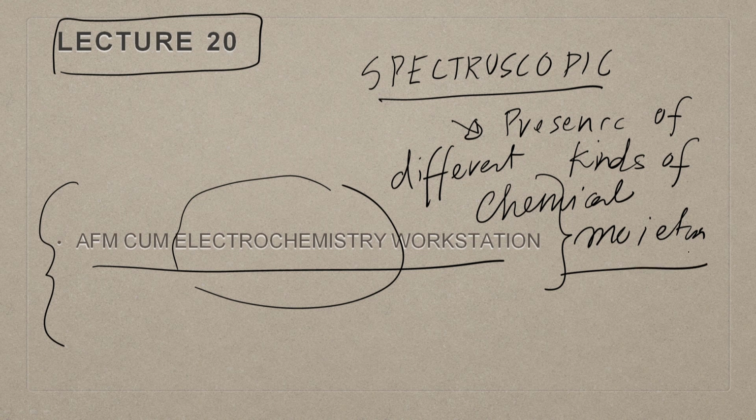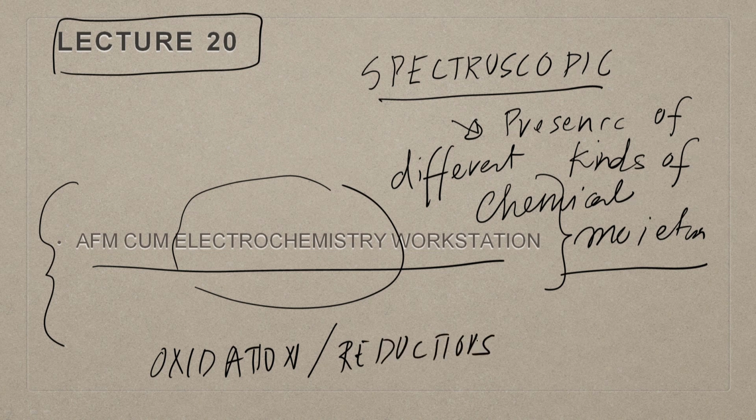But in a dynamic surface, there are always changes happening. There may be events happening, there may be oxidation, there are reductions.